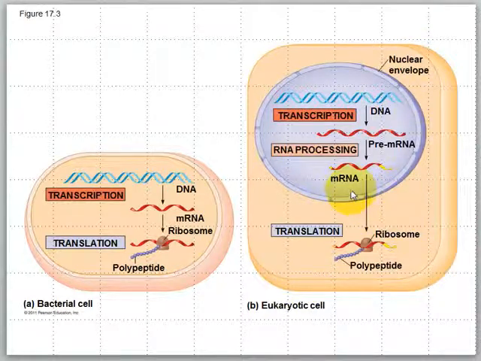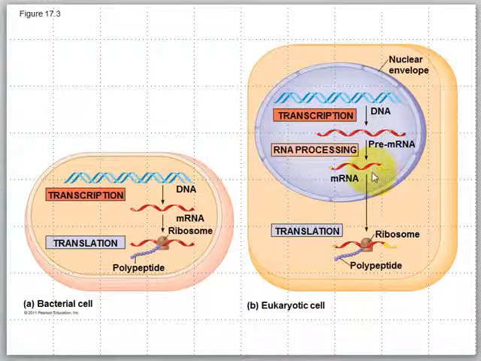Over here on the eukaryotic cell, which is like you and I, the nucleus is present here. The whole transcription process from DNA to RNA happens inside the nucleus. So we have transcription to what we call pre-RNA or pre-mRNA. That's the messy message from the boss that we're going to get cleaned up. Then we have what we call some RNA processing that we'll discuss in just a moment.